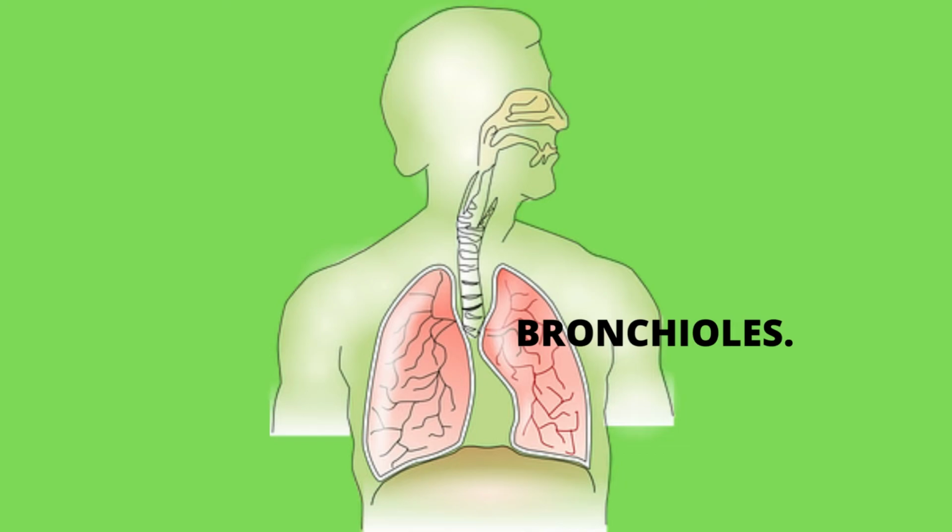Bronchi have the same cartilage rings as the trachea, but the rings are progressively replaced by irregularly distributed cartilage plates, and the bronchioles totally lack cartilage. This is an MCQ. The trachea has cartilaginous rings and bronchi have cartilaginous rings, but bronchioles totally lack cartilage. Bronchioles are made up of many circular smooth muscles.